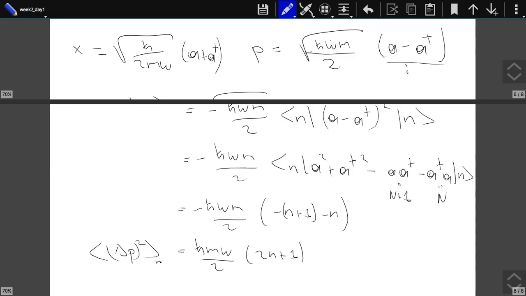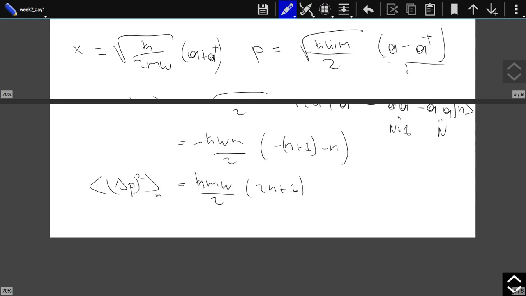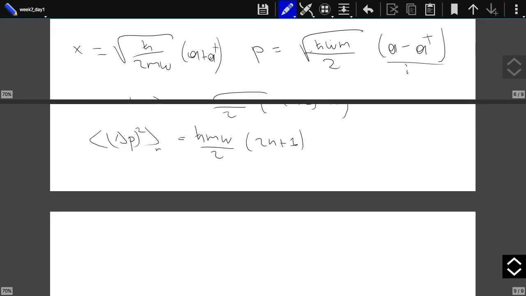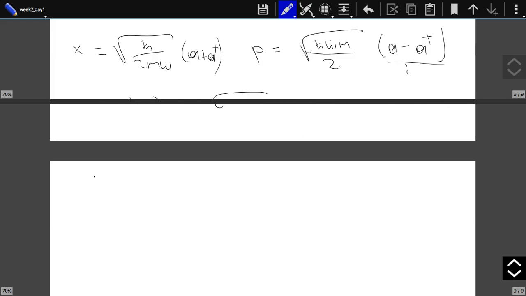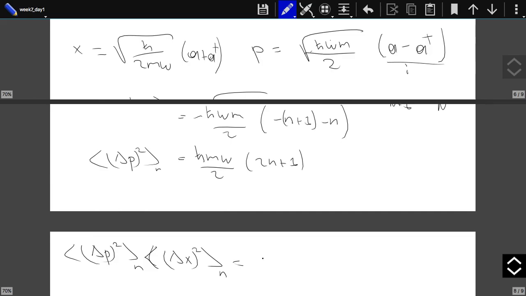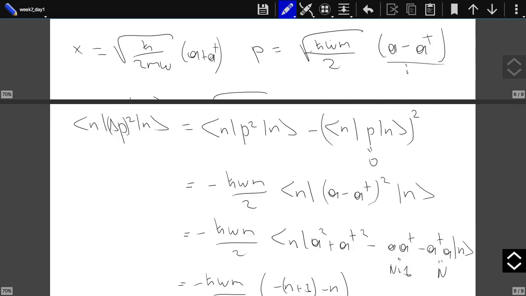Now we can calculate our position-momentum uncertainty relation in the energy eigenkets. Delta p squared times delta x squared is equal to, well, delta p squared is h bar omega m over 2 times 2n plus 1.